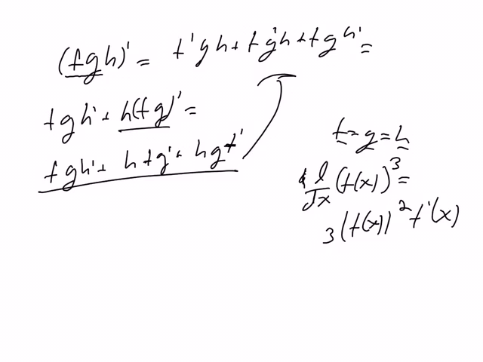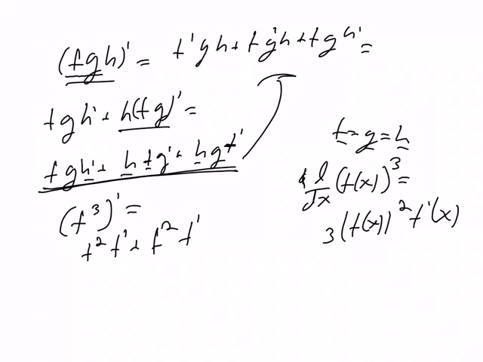So this is going to be f times f three times, and we're taking the derivative of it, and we get f squared times f prime, plus, again, f squared times f prime, and again f squared times f prime.